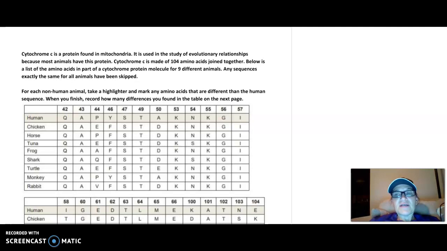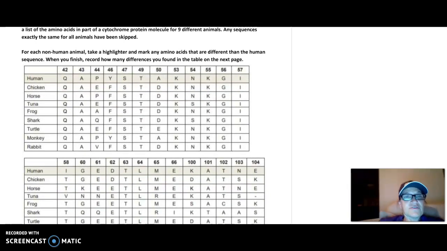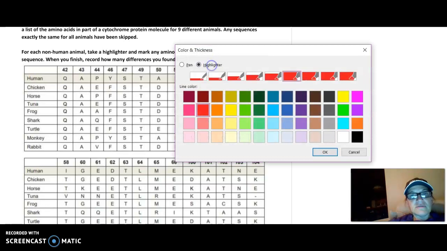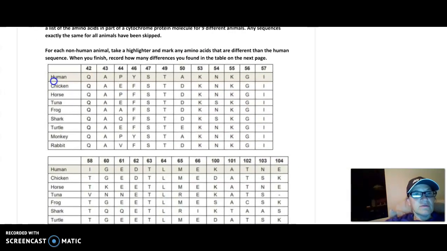And so what I'm going to ask you to do is we're going to go through, and I'm going to do one with you, okay? You see the first row is the human. So this is the human.